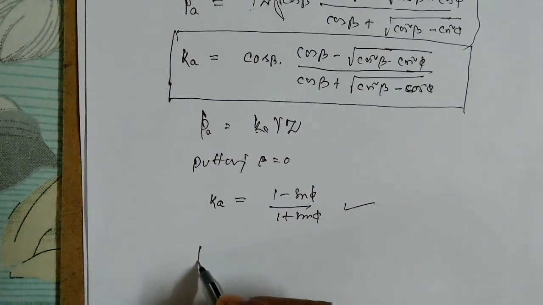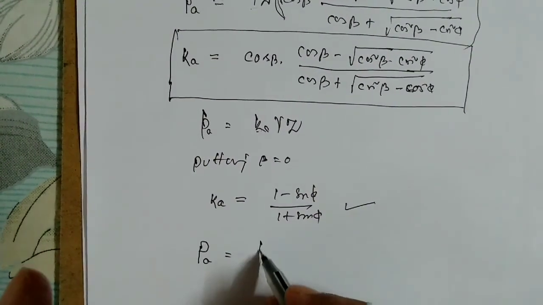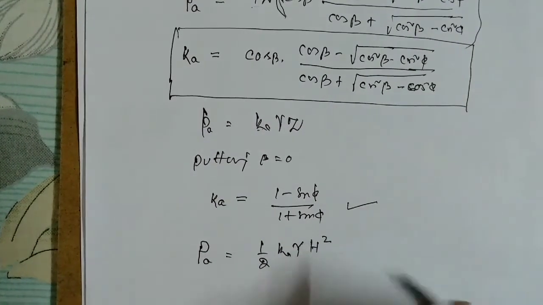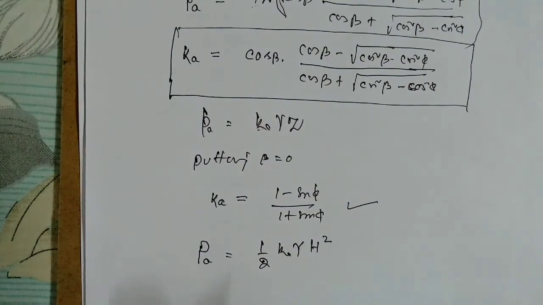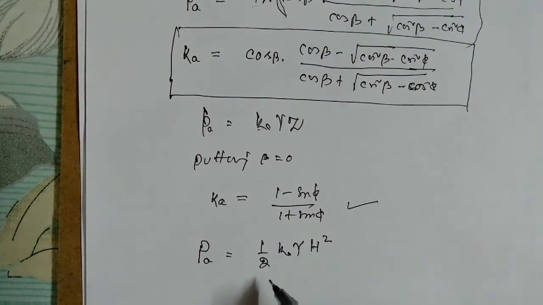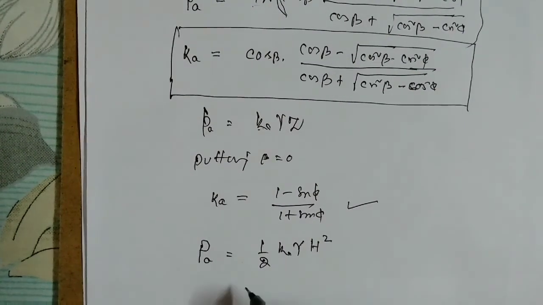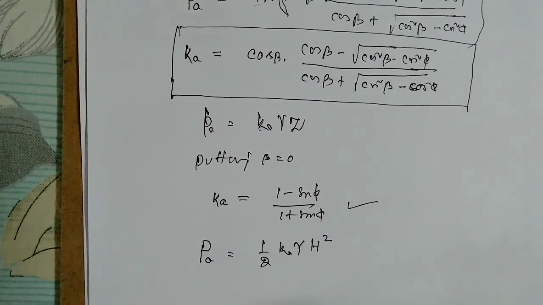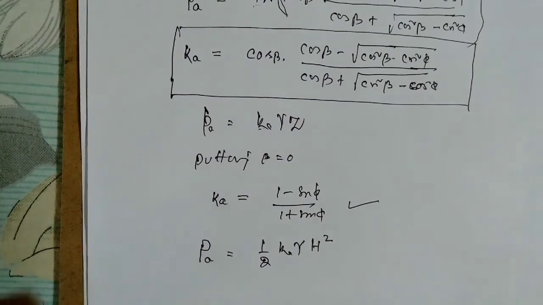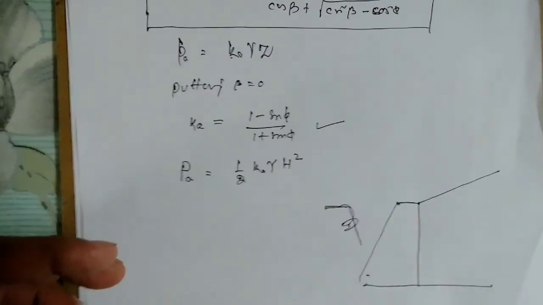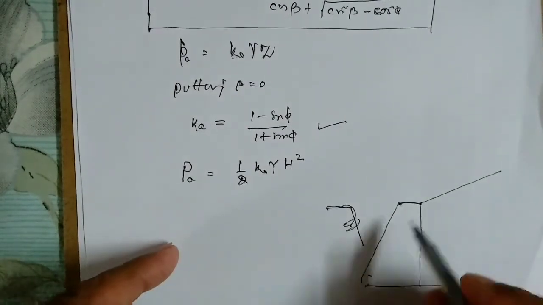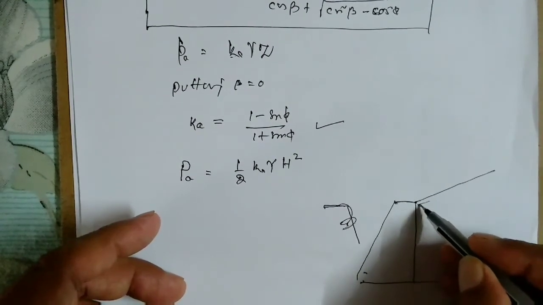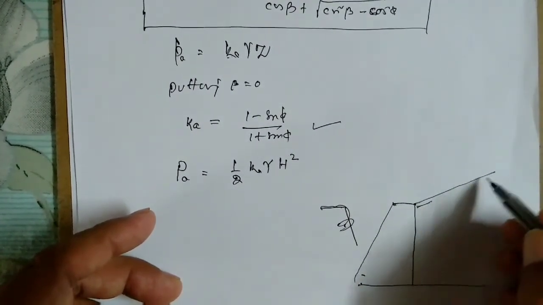Now again the total horizontal thrust, Pa, will be as usual half K gamma h square, and the thrust will be inclined at beta. The inclination of the thrust will not be horizontal, it will be parallel to the surface of the backfill. The earth pressure intensity will be parallel to the backfill surface.